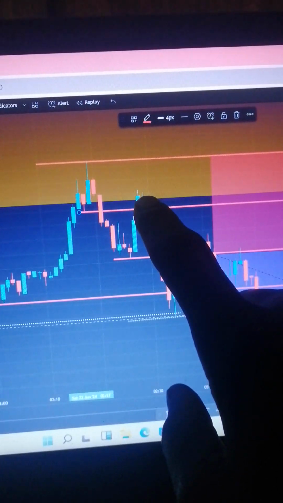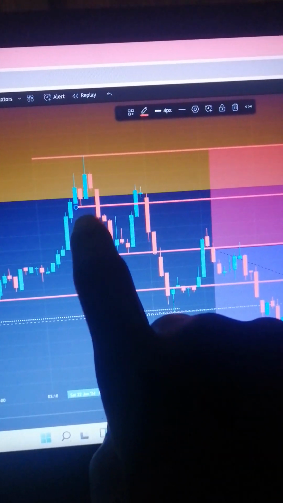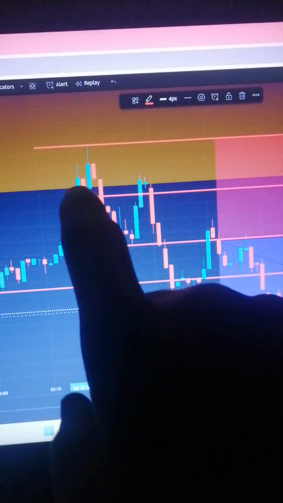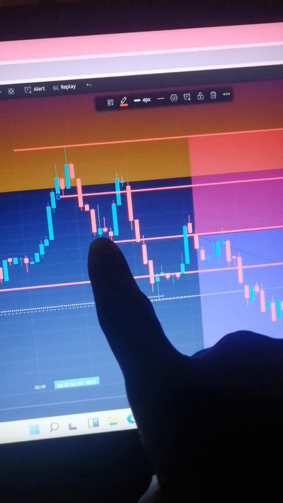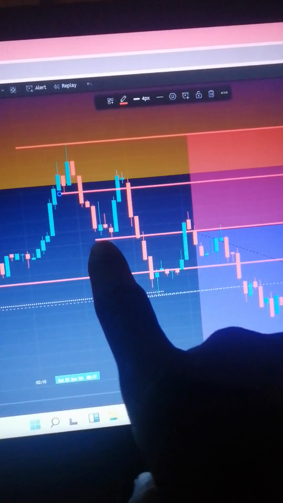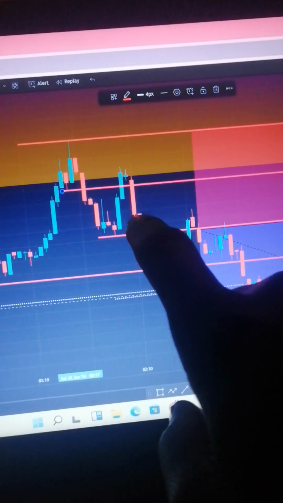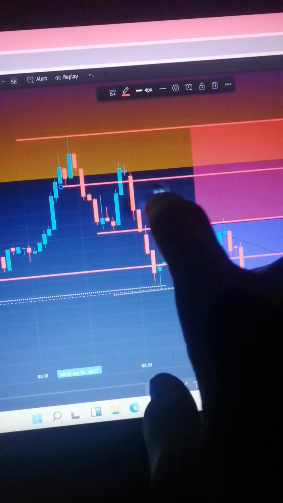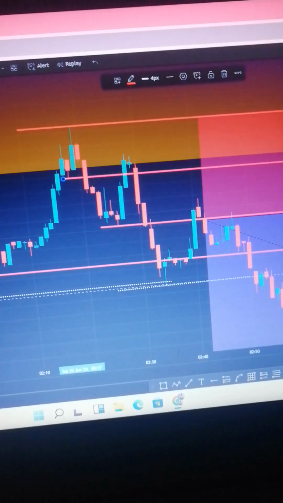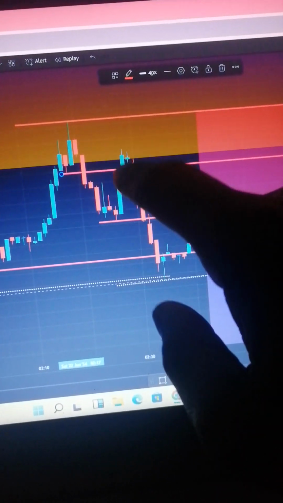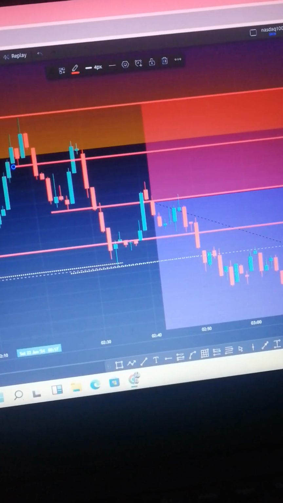For those who consider this as a change of character, you could have entered at this fair value gap here or this one here. Or wait until the price comes here, but it didn't reach there.